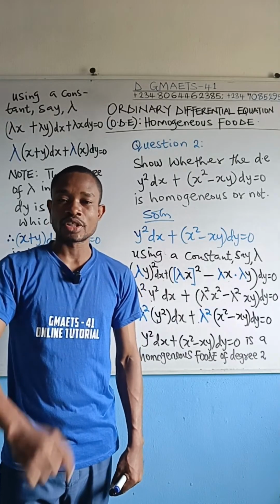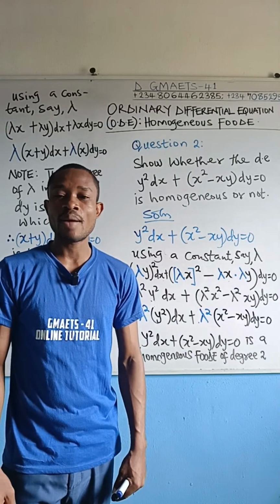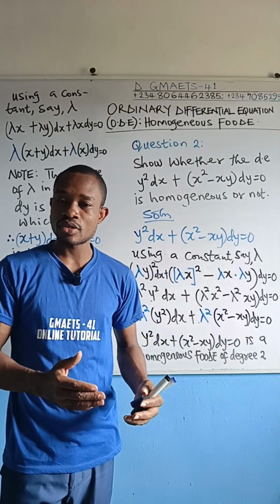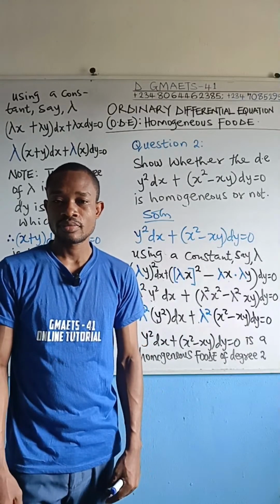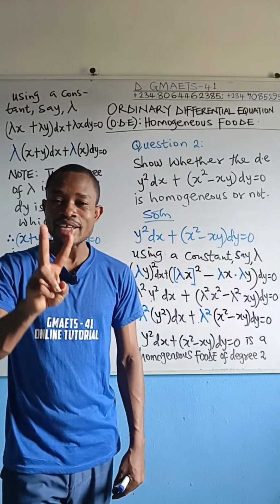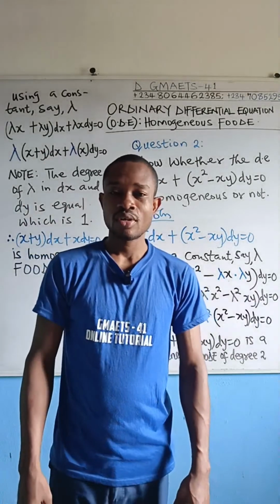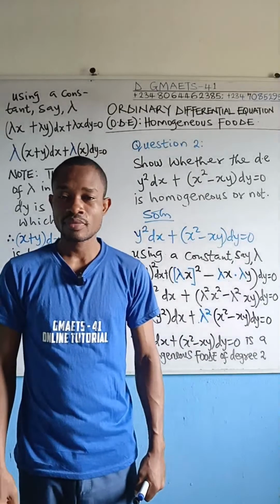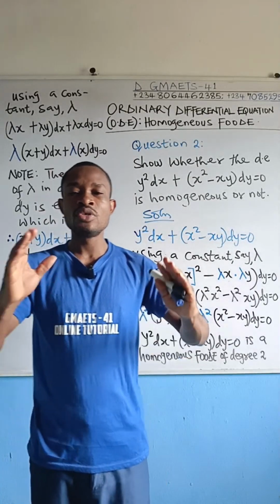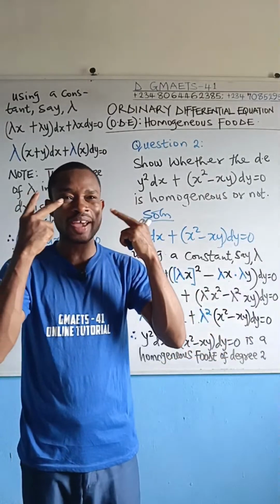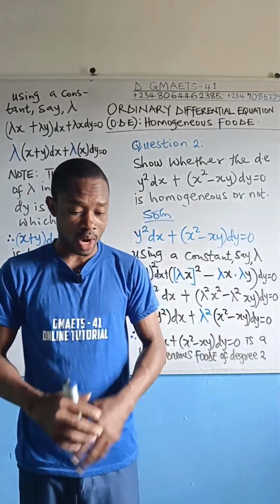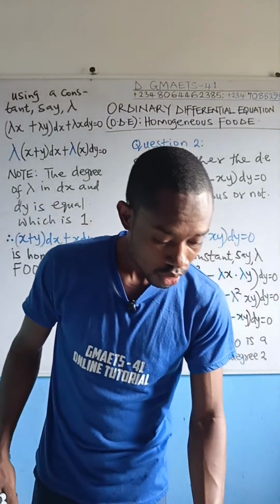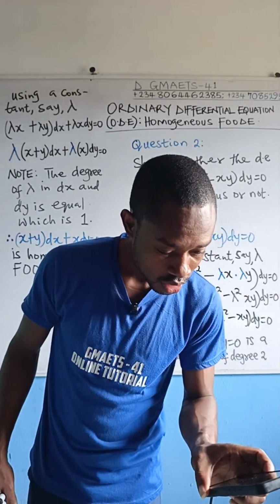Let's take one more question to establish whether it is homogeneous or not. But this is what I'm going to do. I'll write two differential equations. I'm going to tell you that one will be homogeneous, the other will not. Then we are going to use the super shortcut approach, just by inspection, to identify the one that is homogeneous. Because I'm trying to check that the network is not disturbing.